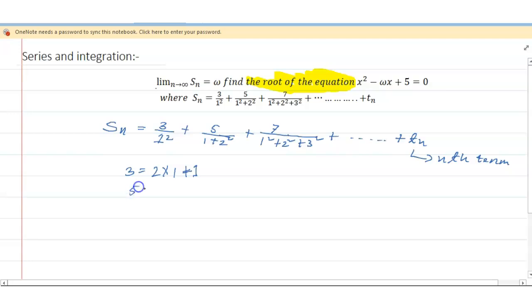This is t1. And 5 divided by 1 square plus 2 square is t2, which is 2 into 2 plus 1 divided by 1 square plus 2 square.